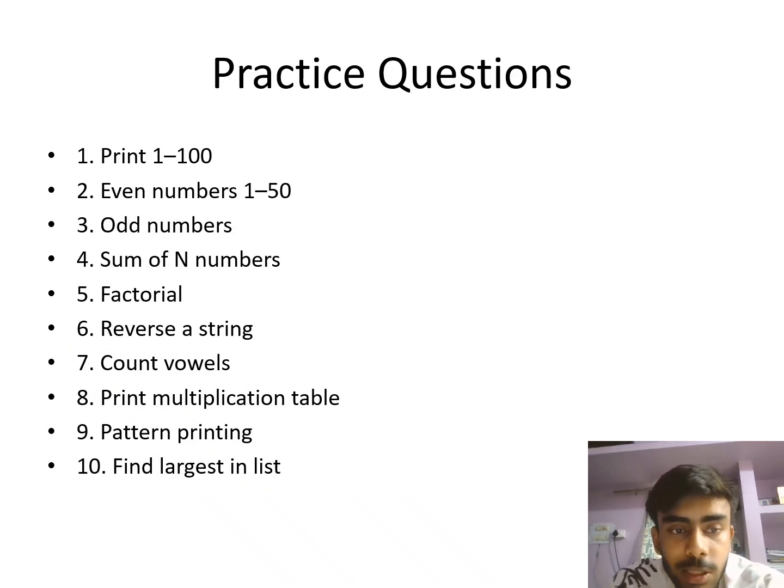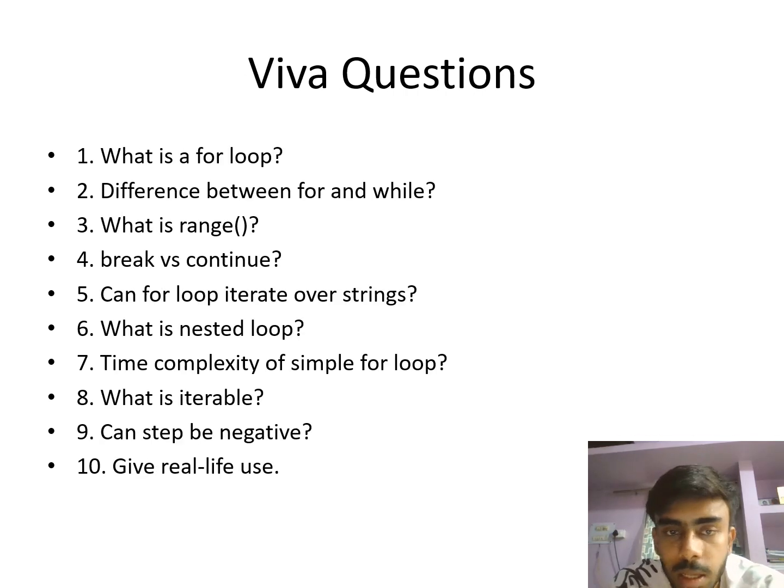Now here are some practice questions. We will do all of these also in the next part. Here are some viva questions. What is a for loop? I have already explained that. Difference between for loop and while loop. What is range? What are break and continue? Can a for loop iterate over strings? What is a nested loop? Time complexity of a simple for loop.